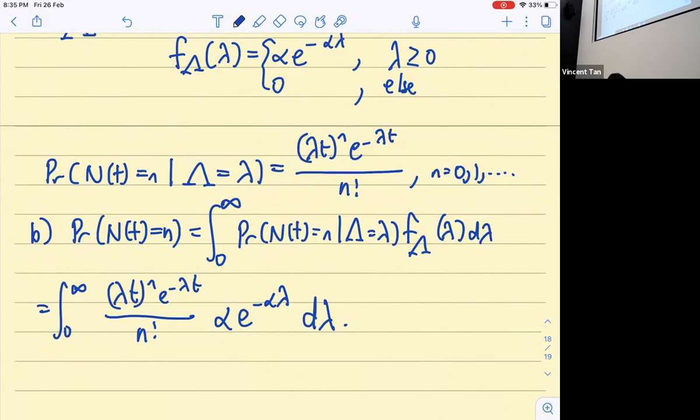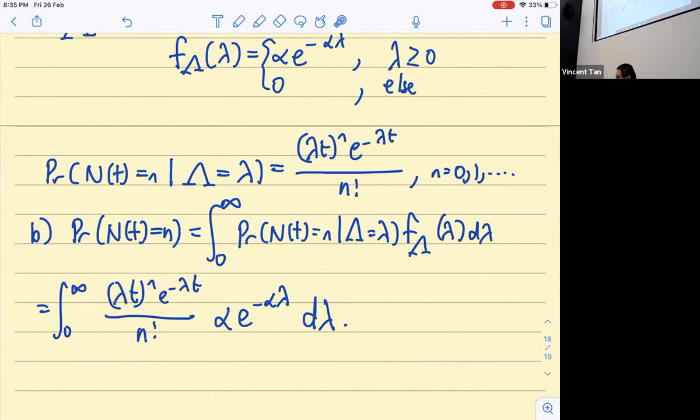What can we do? This is Erlang something. We need to massage this so that it becomes aligned. How can you see that? This is the exponential part, and lambda to the power n is the polynomial part. So this is aligned.